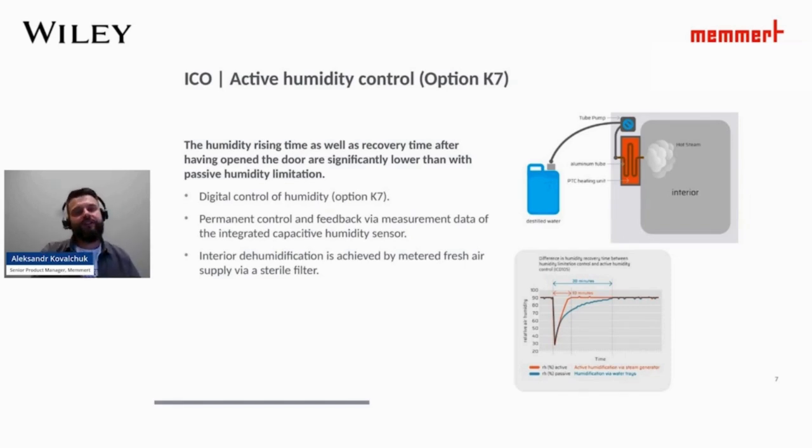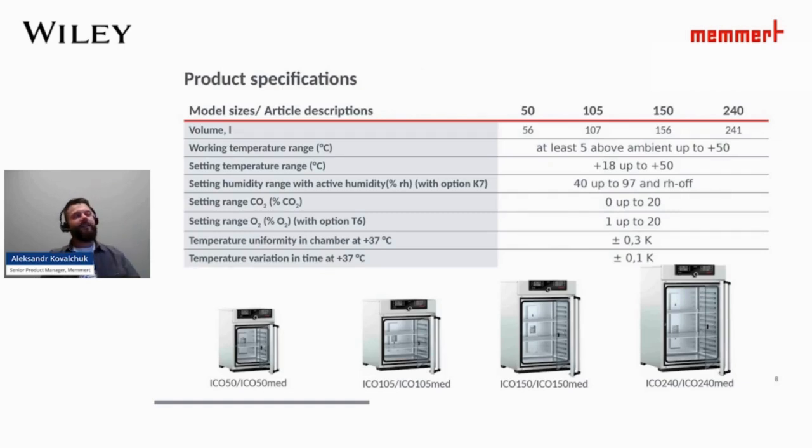Precise regulation is ensured through continuous monitoring and feedback from the integrated capacitive humidity sensor. Interior dehumidification is efficiently managed by a controlled supply of fresh air through a sterile filter, maintaining optimal conditions at all times.